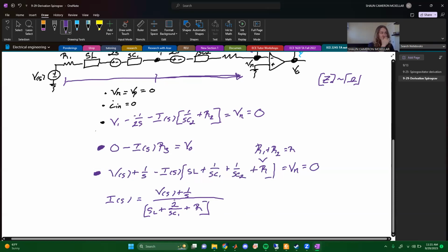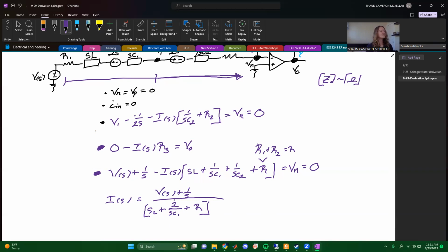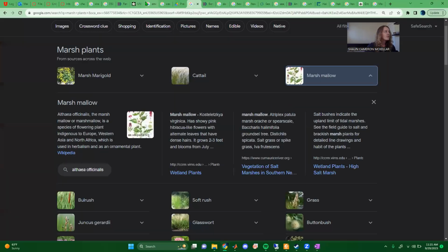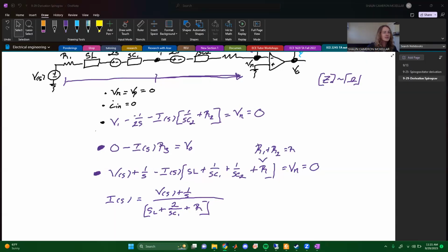Okay. Let's make our lives easy by finding out what the form of this equation is in the Laplace domain that would easily allow us to transfer to the time domain.